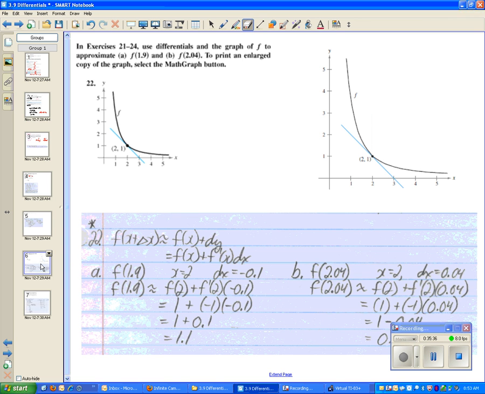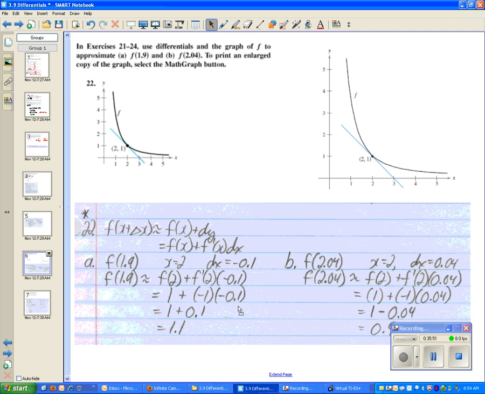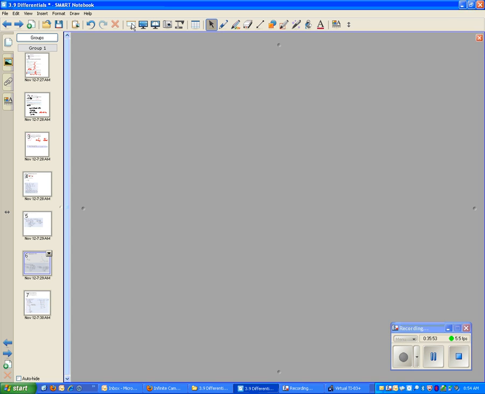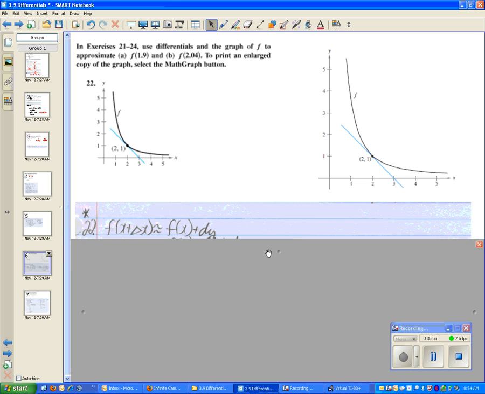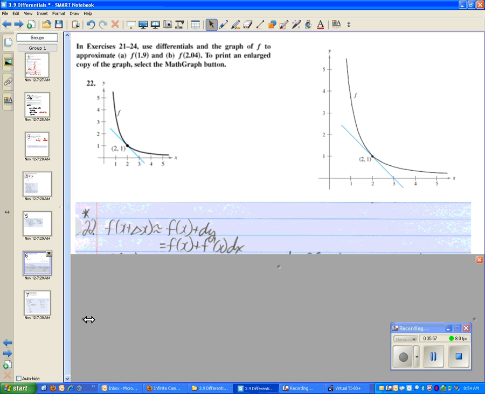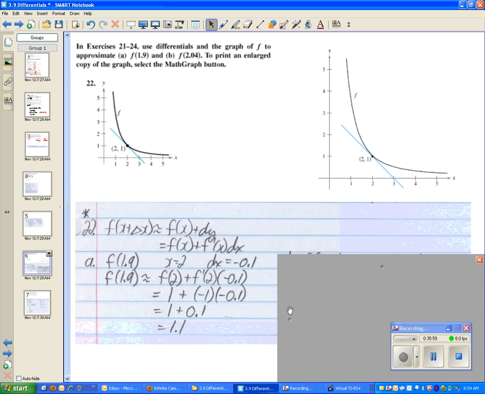All right, number 22. It says use differentials and the graph of f to approximate f of 1.9 and f of 2.04. All right, first let's do f of 1.9.